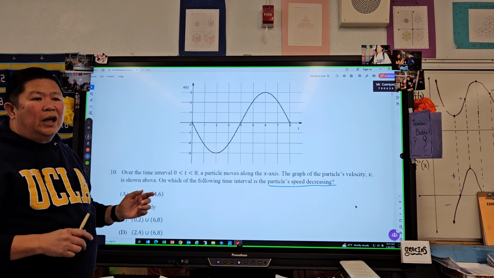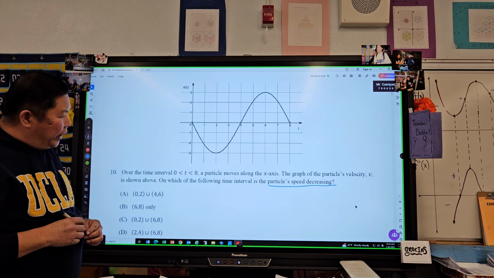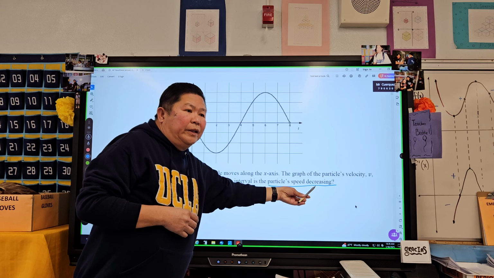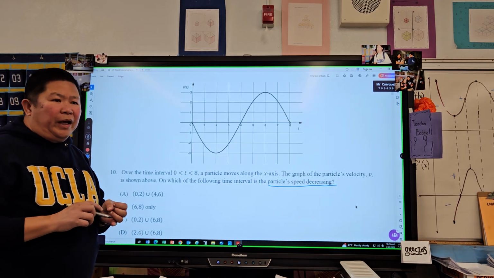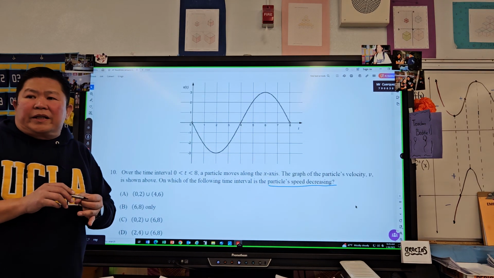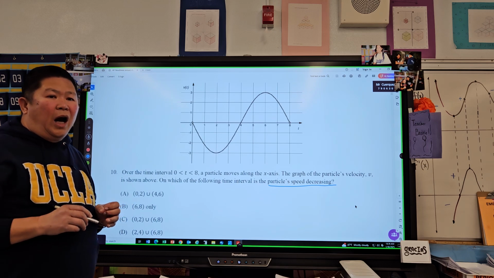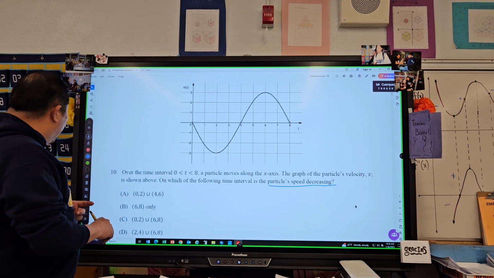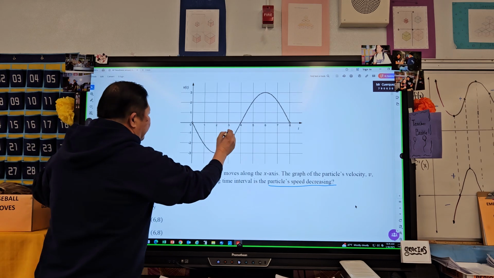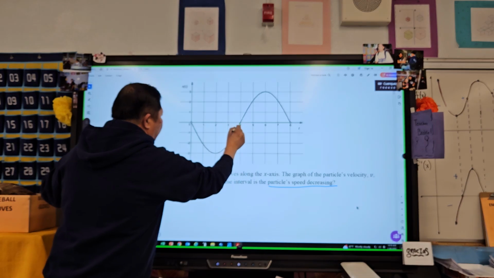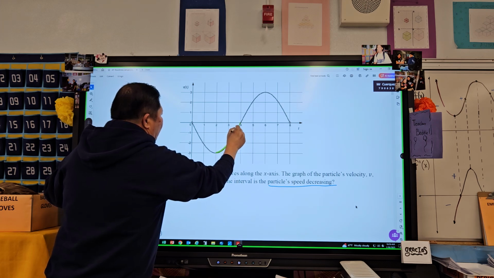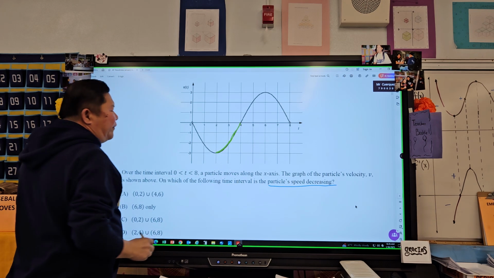But the question is, we need to look at the particle speed decreasing. That means the velocity and acceleration signs are opposite. Now look at the interval from 2 to 4. What is the velocity?